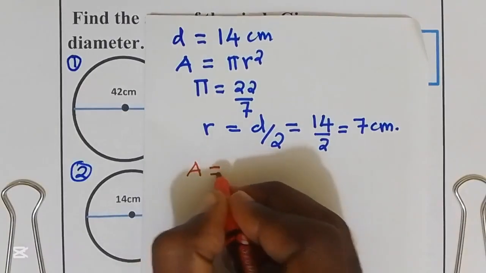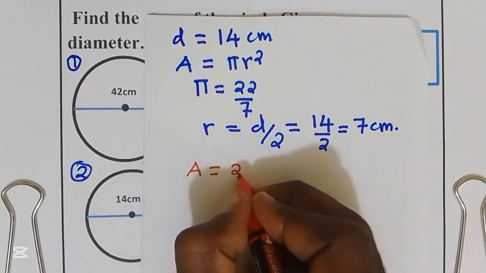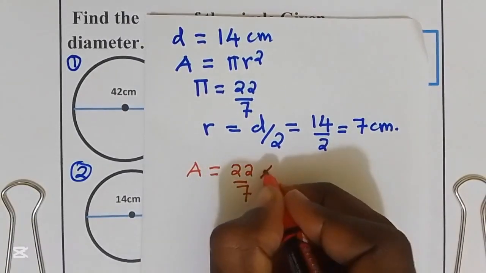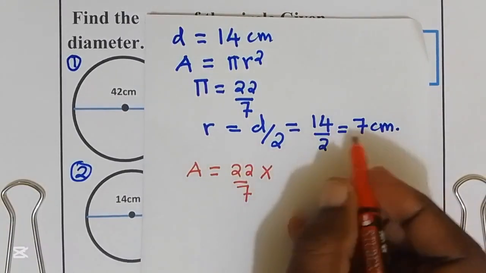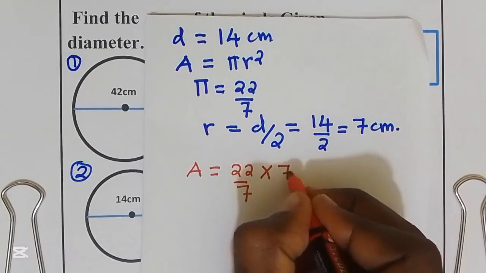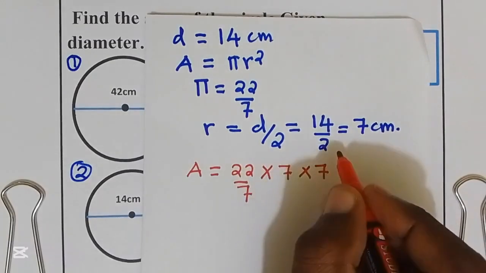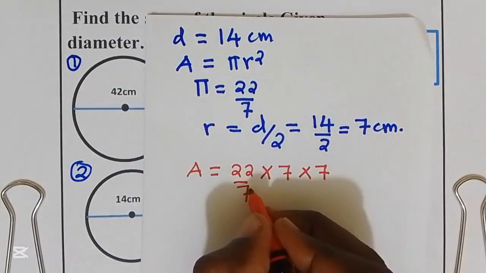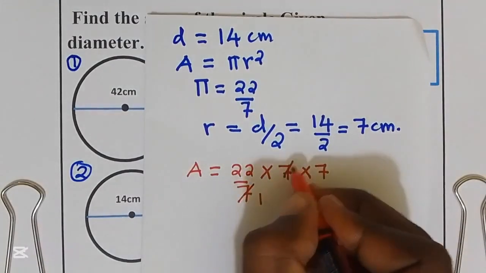Area is equal to pi, which is 22 over 7, multiplied by r square, that is 7 multiplied by 7. By 7 I get 1, by 7 I get 1.